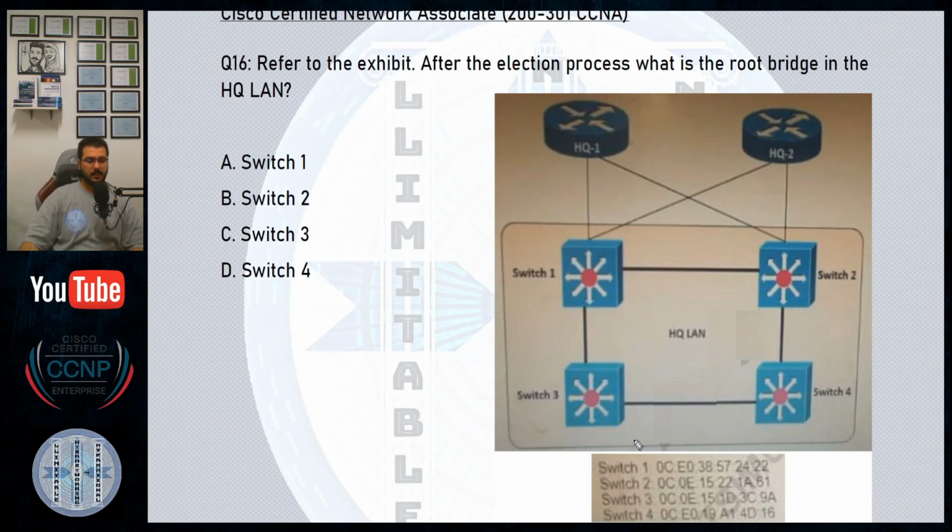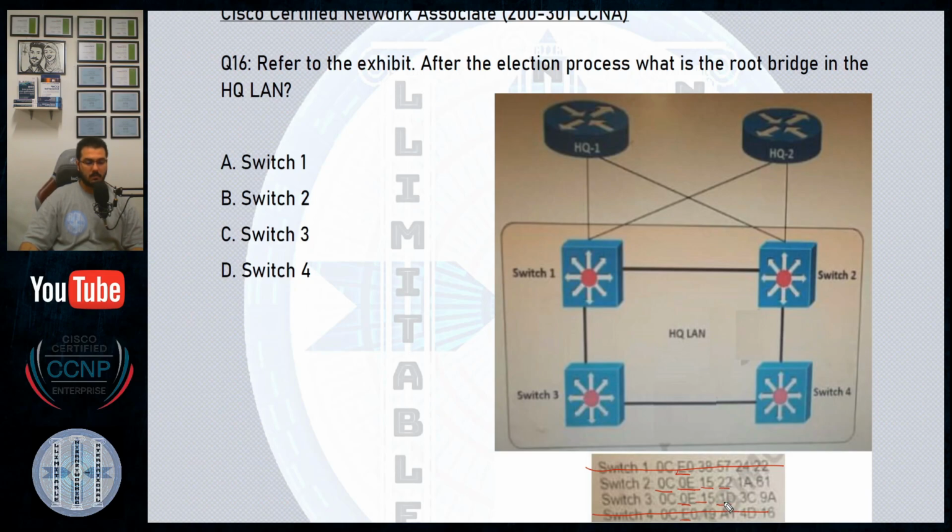So the lowest MAC address will be chosen because there is no priority mentioned here. And that should be 0C, 0C, 0C, 0C, all of them. E0, 0E, 0E, 0. So E0 is bigger than 0E. That means that we should take these two off. So we have 0C, the same, matching, 0E, matching, 15, matching, 22, and 1D.